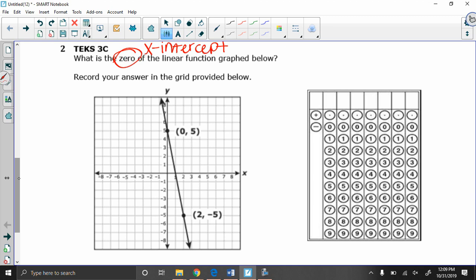If we look at our graph, the line crosses the x-axis right here at (1, 0). So our zero of this function is x equals 1. In the griddable, we're going to put positive 1 as our answer. So positive 1 is the correct answer for number 2.